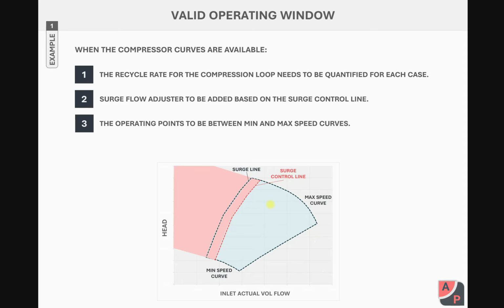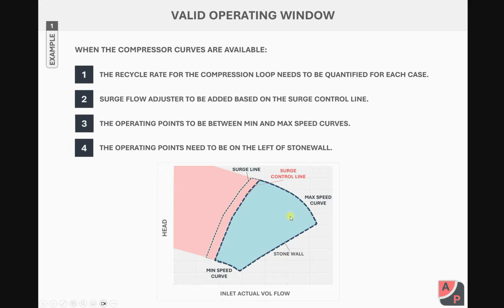The operating point also should be between the minimum and maximum speed curves in your simulation. In any case, if your operating points are outside of the max speed curve and min speed curve, it indicates your compressor is not suitable for your condition or something is wrong in your simulation. The operating point needs to be also on the left side of the stonewall.